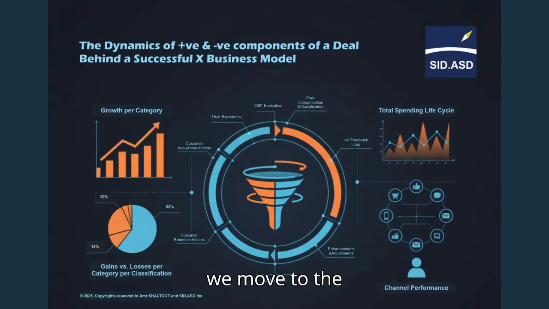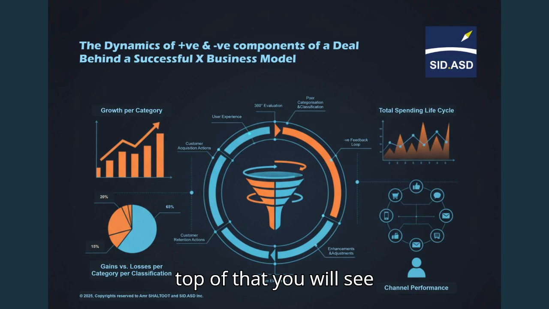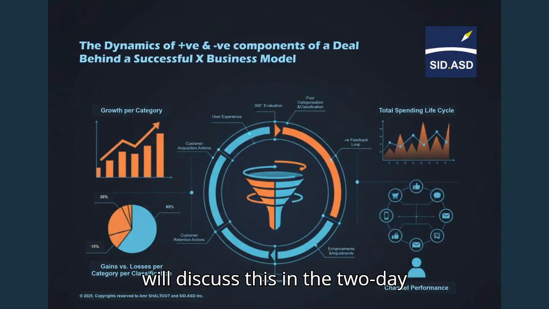So if we move to the bottom right corner, you can see here the channel performance, and on top of that, you will see the total spending life cycle. So you need to have the total recommendation life cycle as well, and we will discuss this in the two-day course.